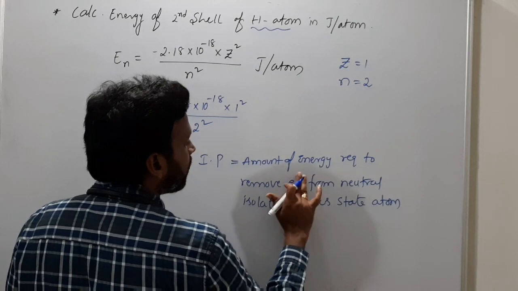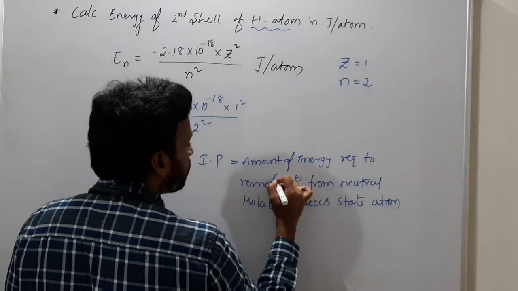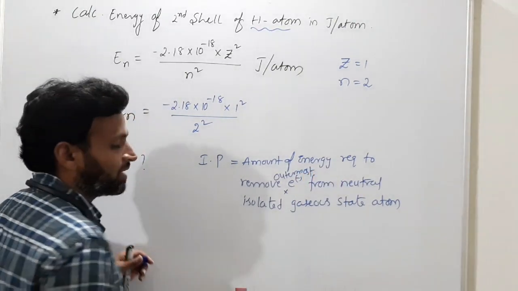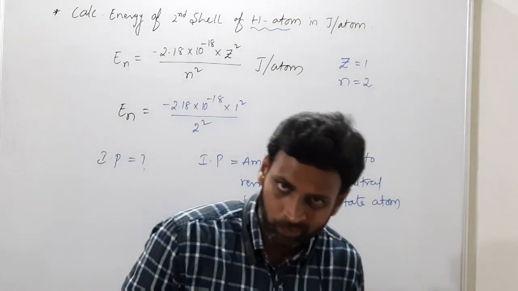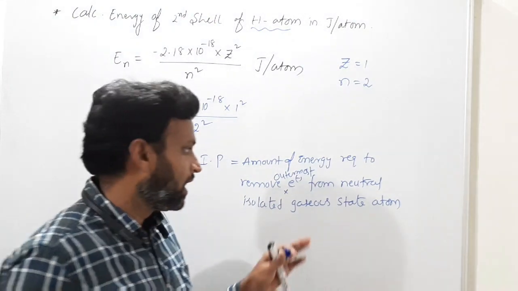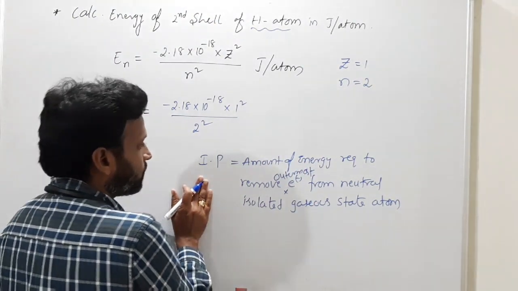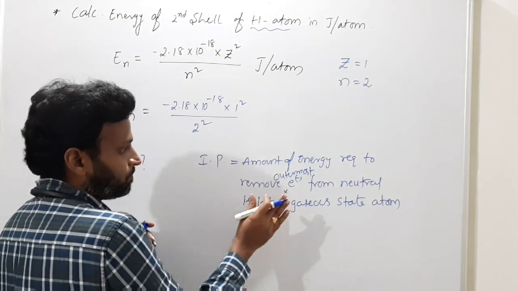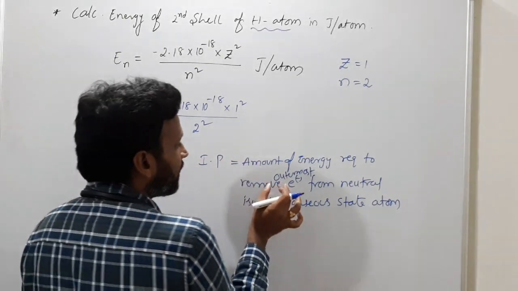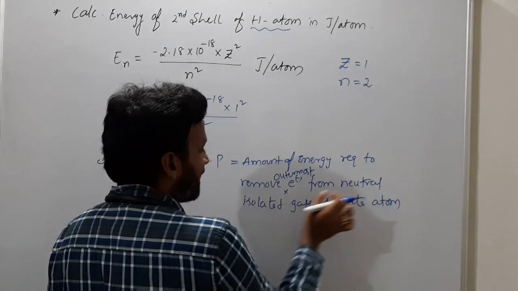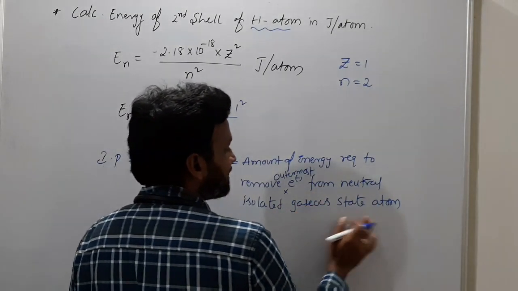Required to remove what electron? Outermost electron. Outermost electron means last electron. That is ionization potential. Actually we will discuss it in the periodic table. So ionization potential means the amount of energy which is required to remove the outermost electron from a neutral isolated gaseous state atom.